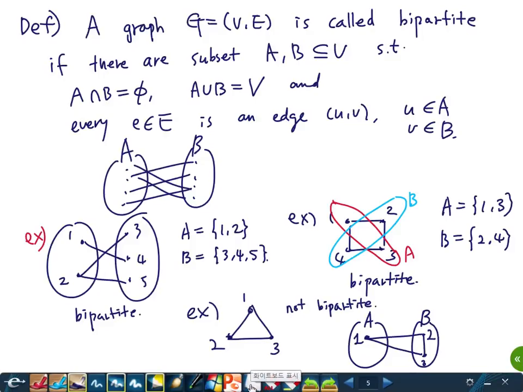Shall we see one more example? Okay, what about this? 1, 2, 3 with no edges. Is this a bipartite graph? Bipartite or not?